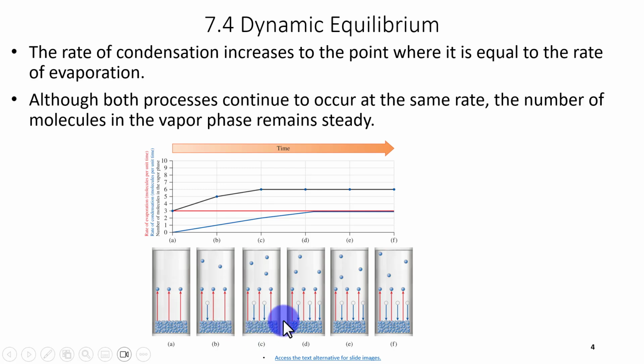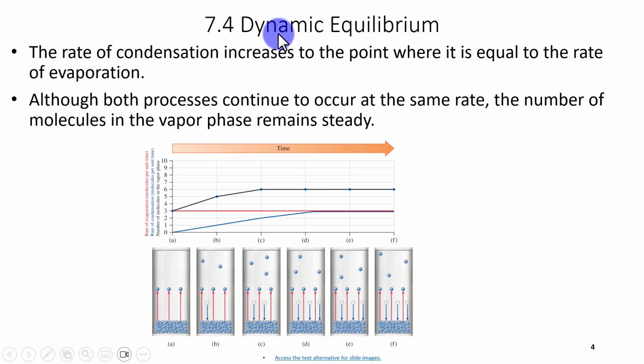So as I am moving here in time, eventually I am moving molecules into the gaseous phase, but I'm also bringing down some of those molecules back into the liquid phase.